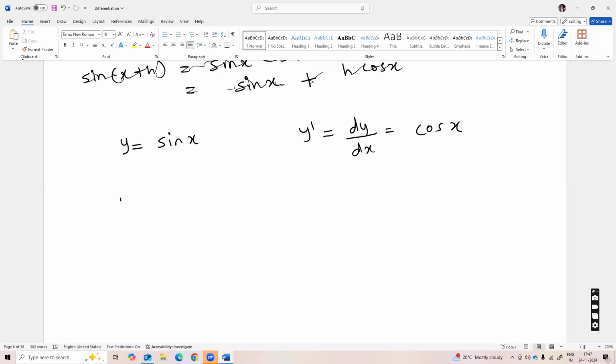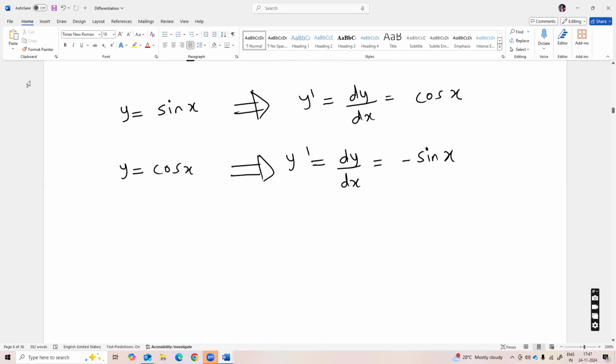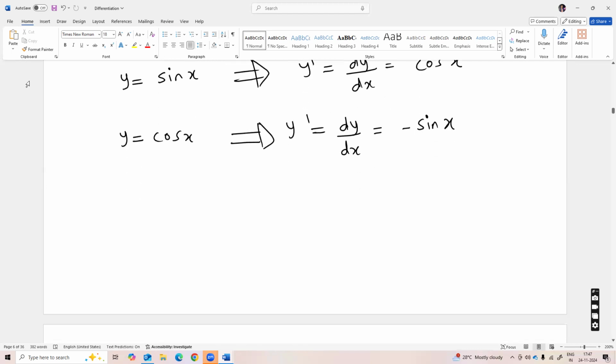Similarly, if y is equal to cos x, then y dash or dy by dx is given as minus sin x. You should remember all these things. It will be really helpful in your question solving. Direct questions won't come from this part, but in other questions it will be really helpful.